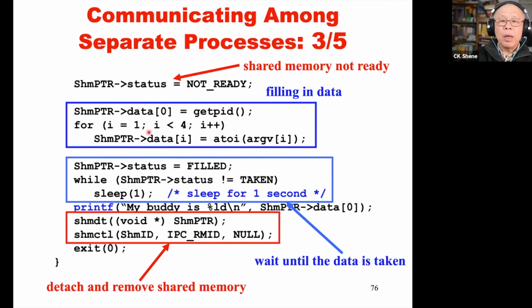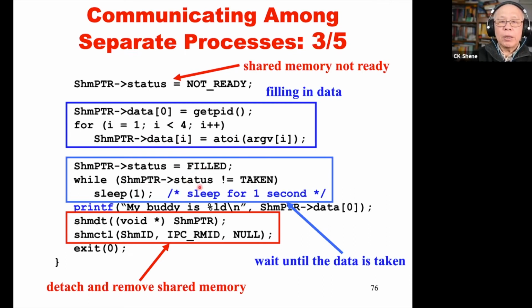For the remaining 3 arguments, each is retrieved from the argument vector, converted to integer and saved to a data position. So after this loop is done, the 4 entries in the array data are filled, and the status is changed to filled, indicating that I have everything filled. Then we proceed to this while loop.